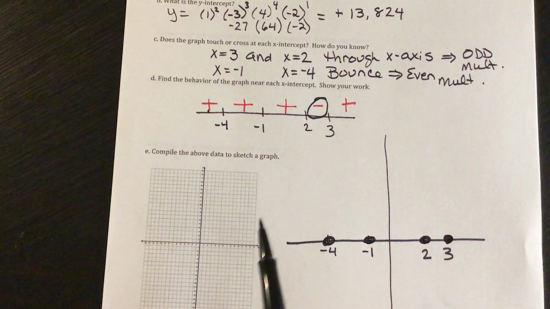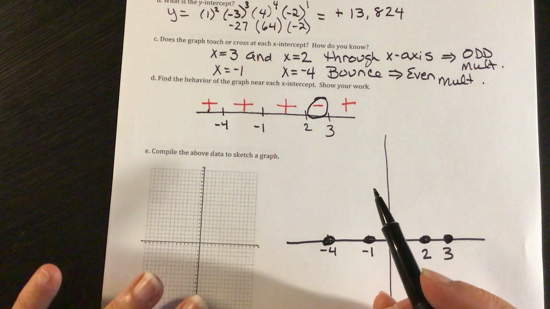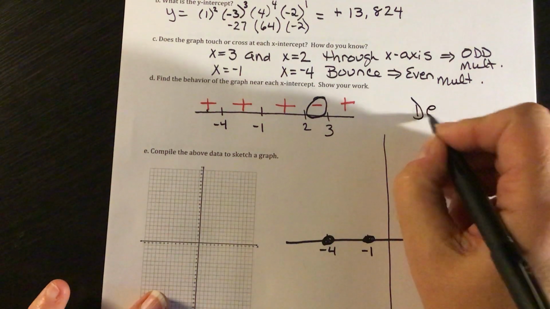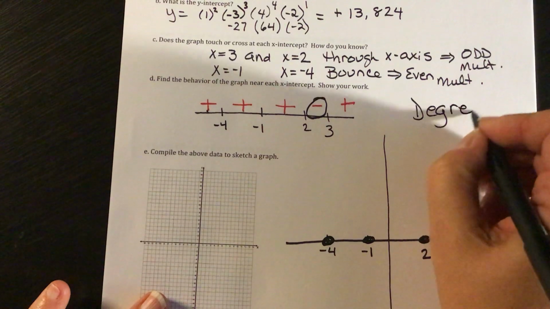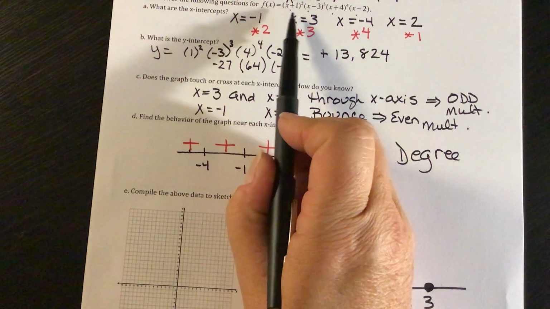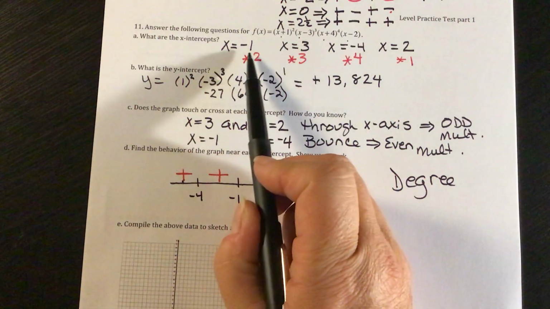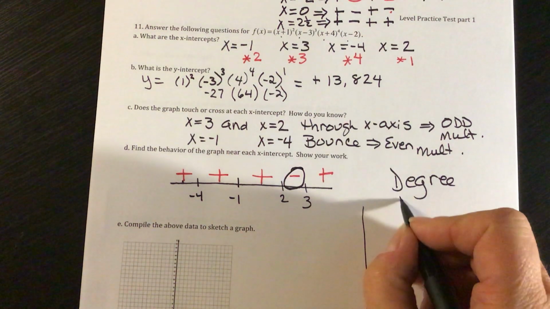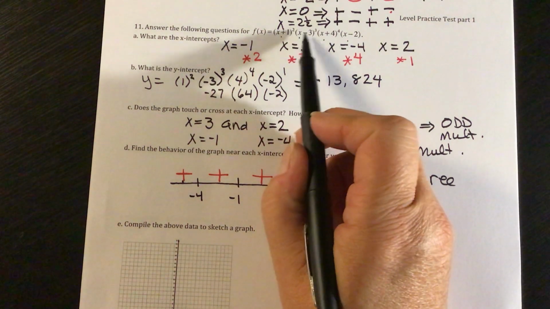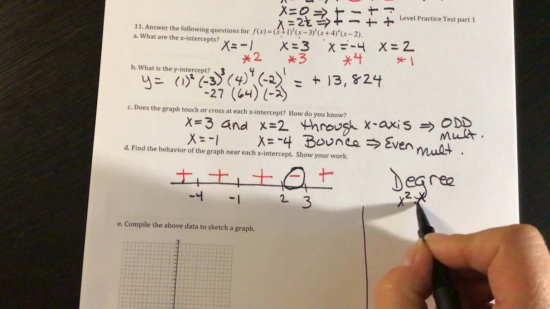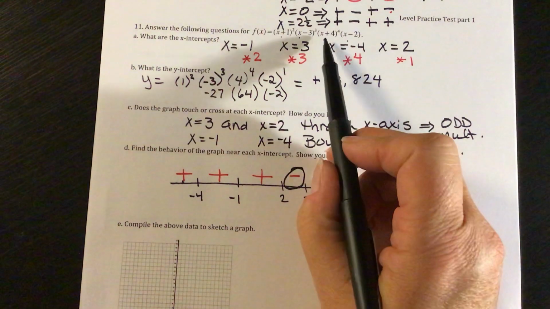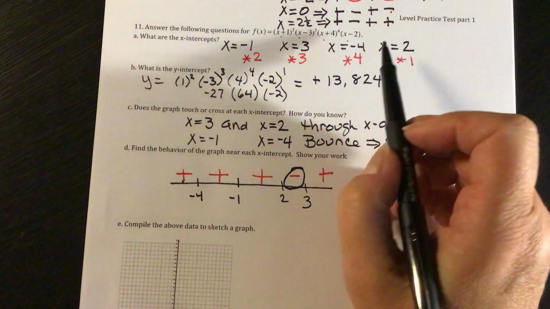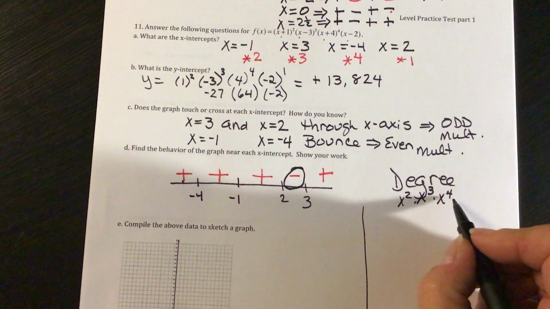I also know I didn't determine what degree it is. So to look at the end behavior, let's look at the degree. If I count up how many x's are being multiplied in this, I'm going to have x squared. And this one I'm going to have x to the third power, x cubed. This one I'm going to have x to the fourth power. And then this last factor, I just have 1x.